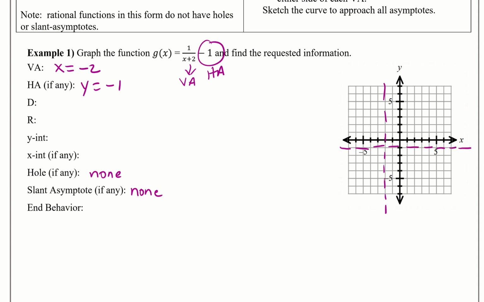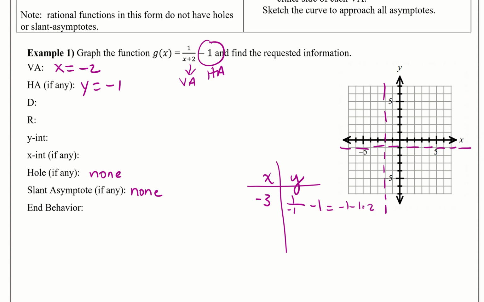To figure out a little bit more about where this graph would be, let's go ahead and plot some points on either side. Maybe if I plot at -3 and substitute this in, I'd have 1 over -1 minus 1, which is -2.